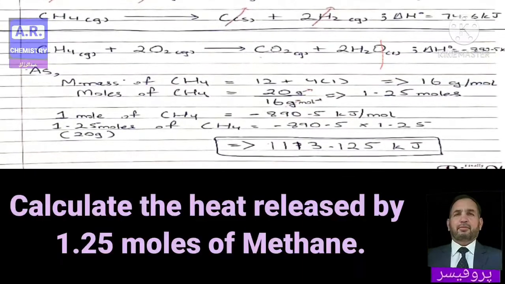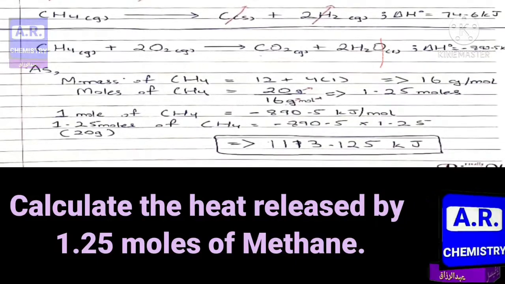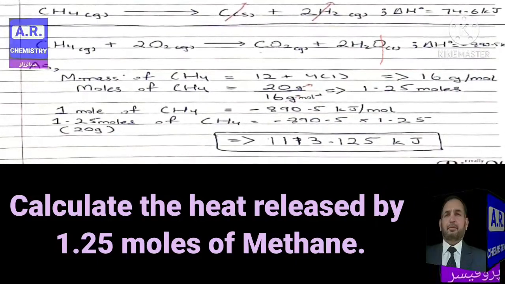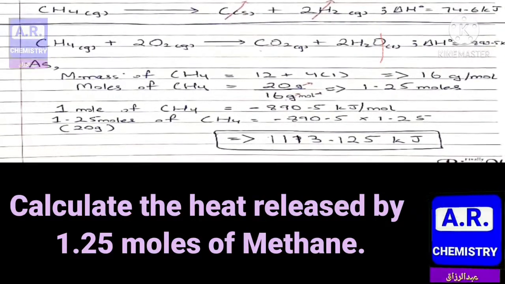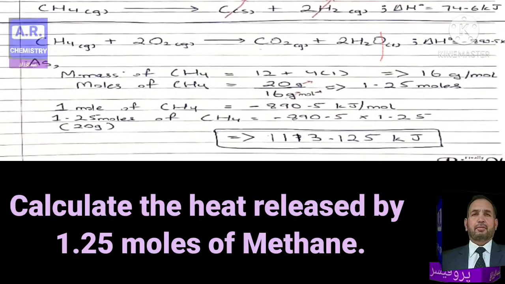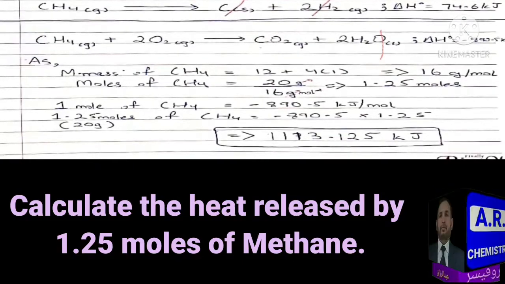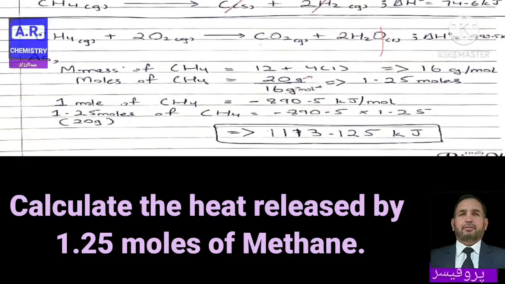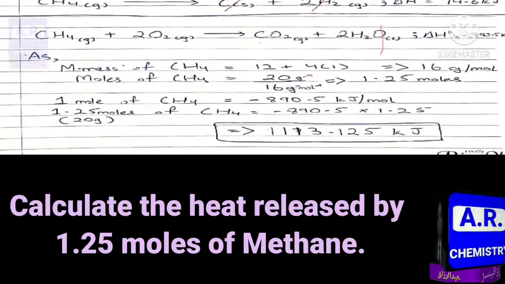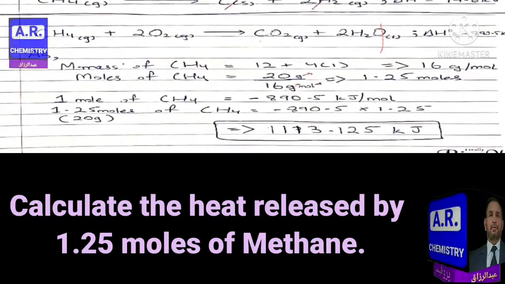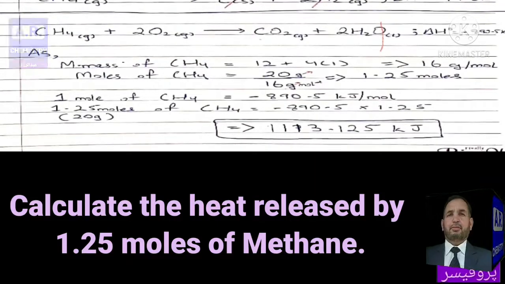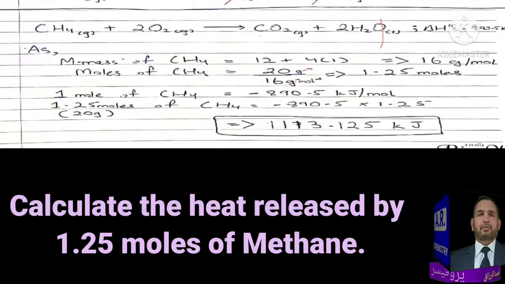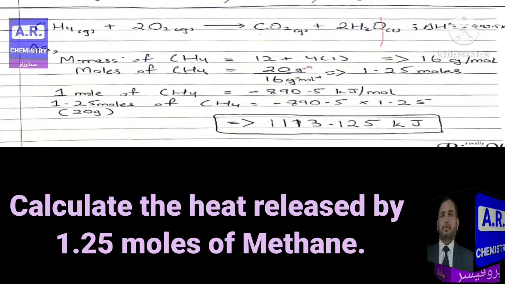1 mole of methane liberates heat 890.5 kilojoules, and 1.25 moles of methane will be liberating heat 1.25 into 890.5, and of course a negative sign will be there, and finally after multiplication you will get minus 1113.125 kilojoules.